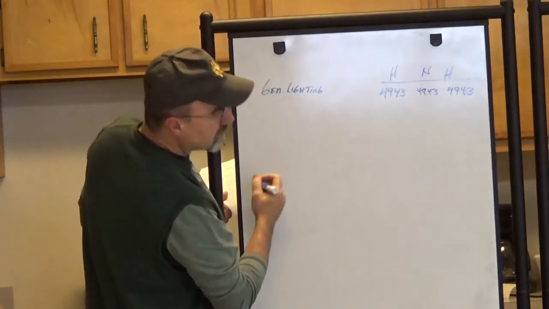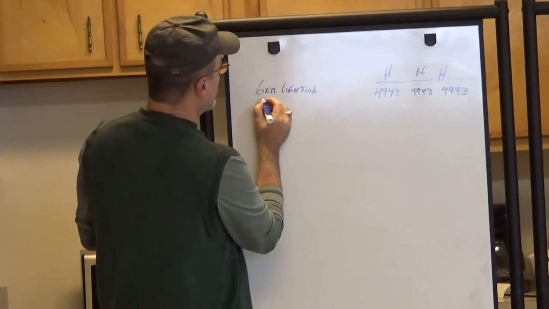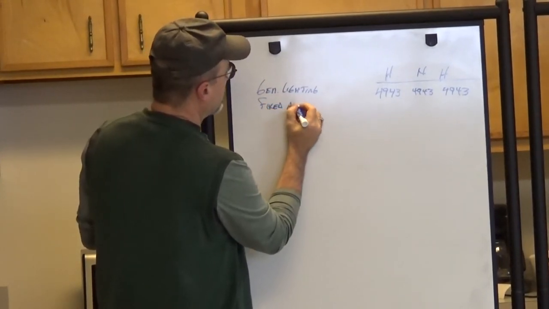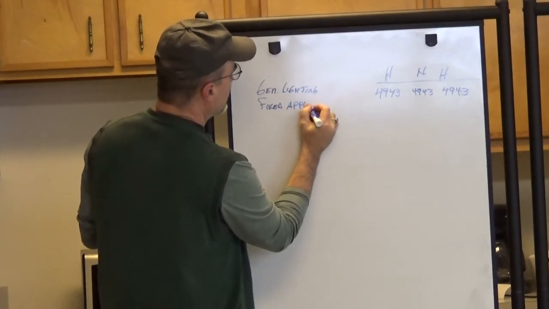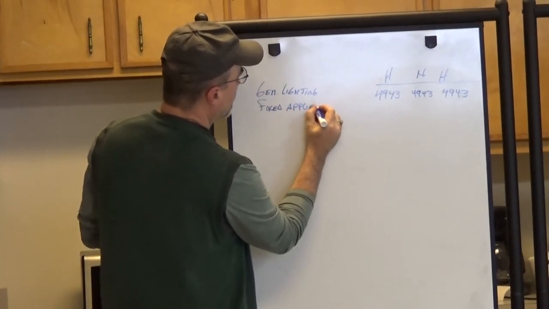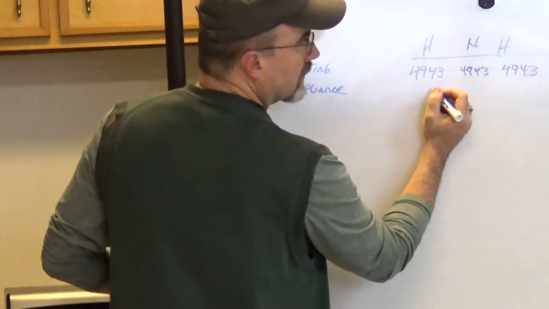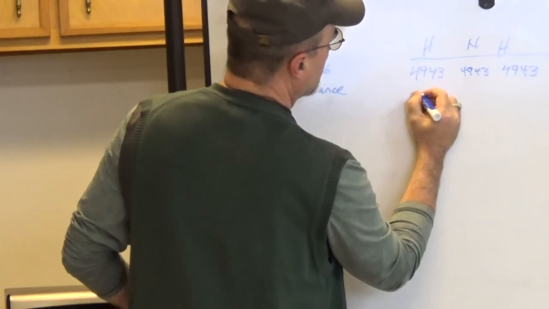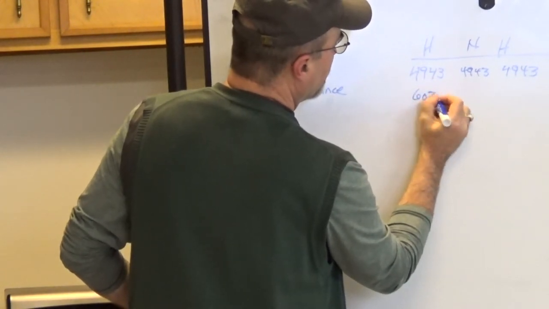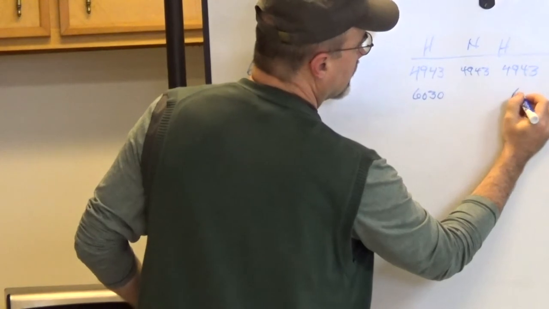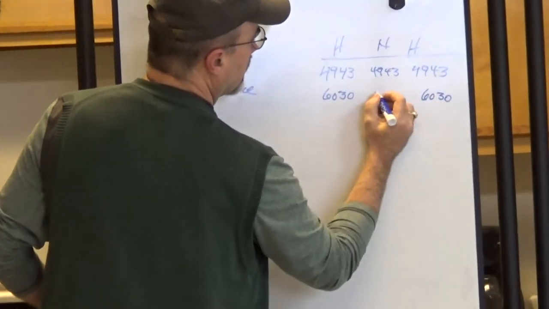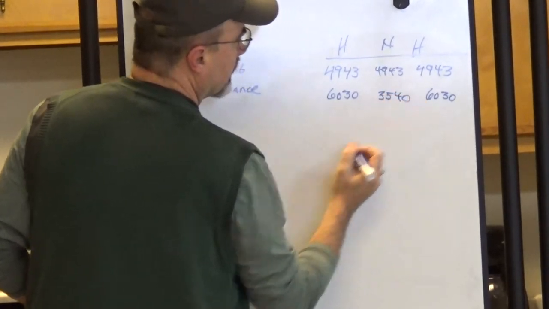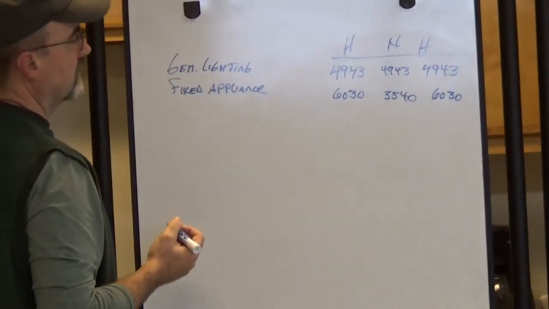On our fixed appliance, 3,540 for the neutral and 6,030 for the hots. Fixed appliance, tell me again there, Austin? 6,030 for the hots and 3,540 for the neutral.